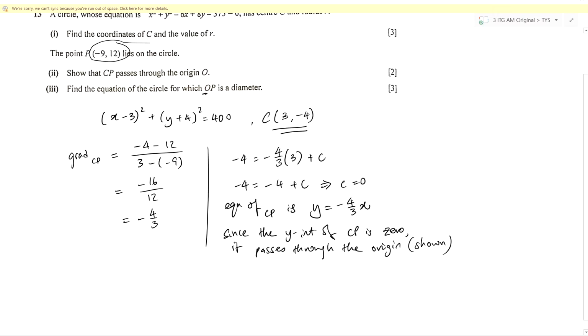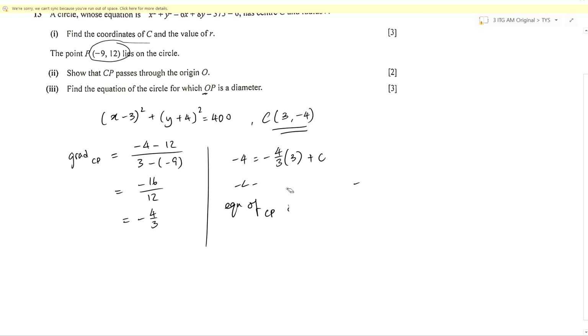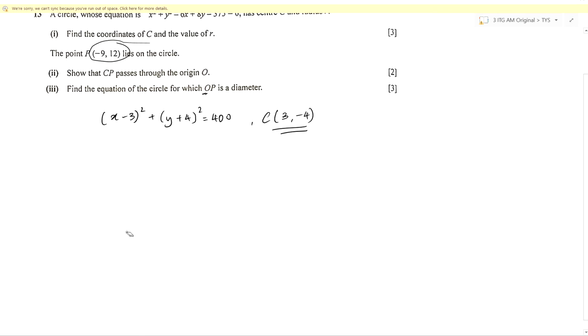So if OP is the diameter, then the center of the diameter, or rather the midpoint of the diameter, has to be the center of the circle. And we know that to find the equation of a circle, we definitely need the coordinates of the center of the circle. So there's one thing we can find out quite easily, midpoint of OP.